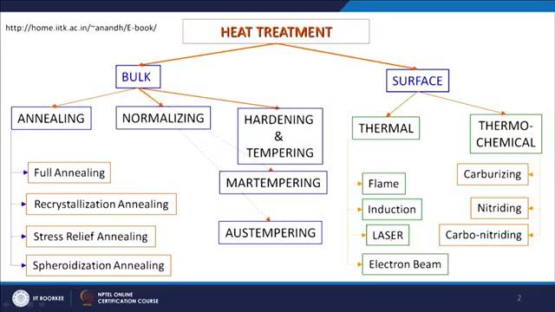Suppose you have induction heating or laser heating or electron beam heating, where you have a very concentrated source and the heating will be very localized, and then you stop the heating. What will happen? The whole bulk of the material is still not heated up, it is still maybe at room temperature or slightly higher temperature. But the surface went into the austenite phase by heating.